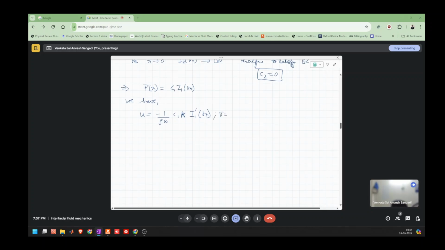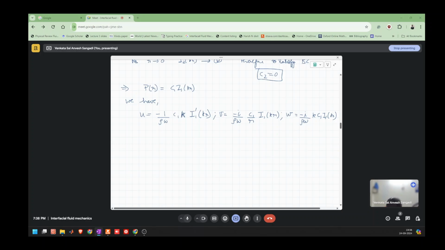V is equal to minus i rho omega C1 r I1 kr, and W is equal to minus i r omega k C1 I1 kr.